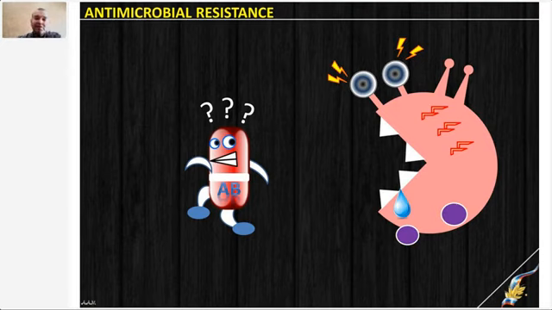It is the ability to resist the activity of a particular antimicrobial agent, and it means that you cannot use that precise antibiotic if the infection is caused by that species of microorganism.